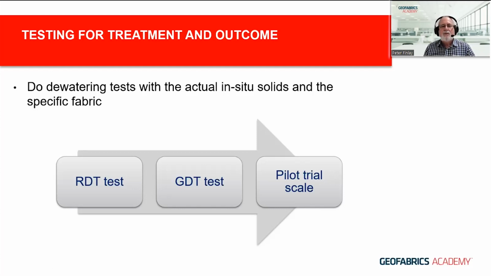The second is a little step up, and it gives you a bit more information: the GDT test, which is a small geotube pillow that holds a few more bucket loads of sludge. The third thing, if you're wanting to get really good information on dewatering times and ultimate results, is to do a small pilot trial.